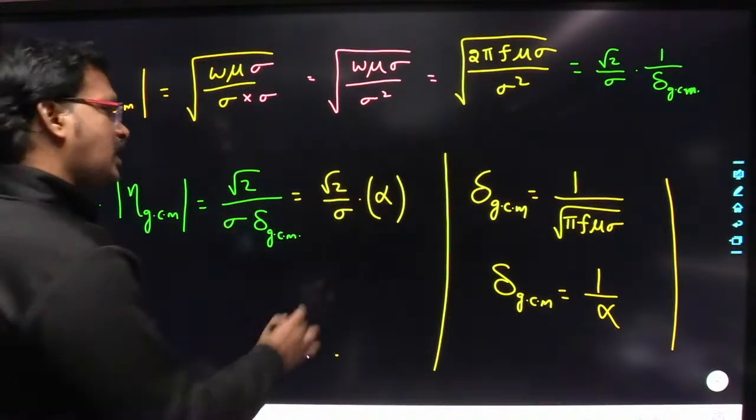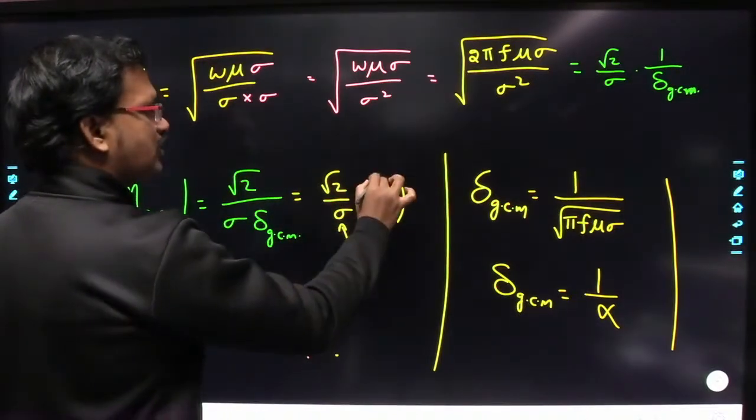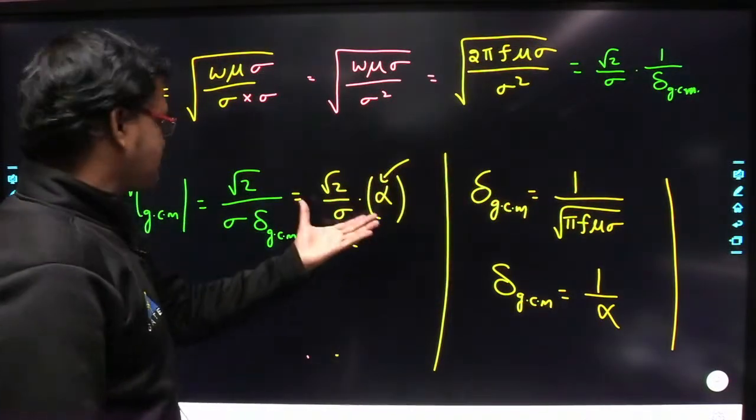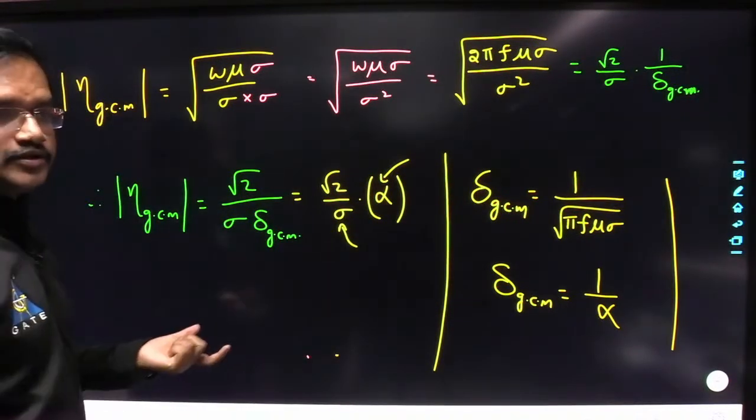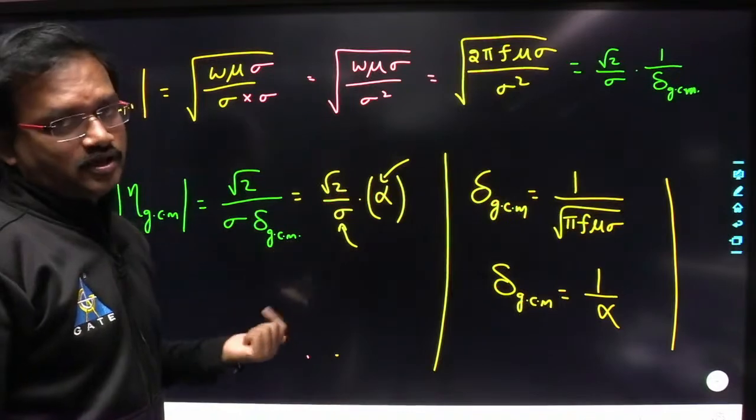Now they have given the sigma value and the alpha value also. So just substitute these values to get the magnitude of the intrinsic impedance.